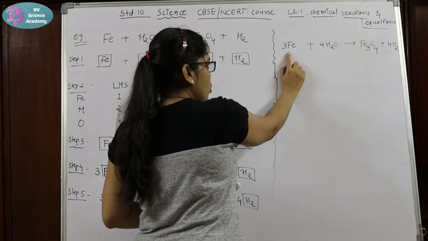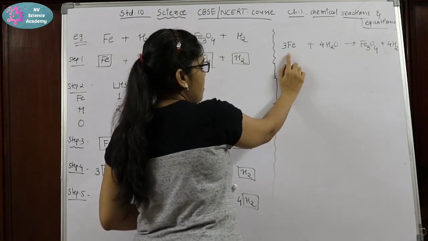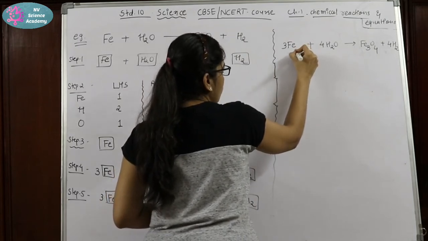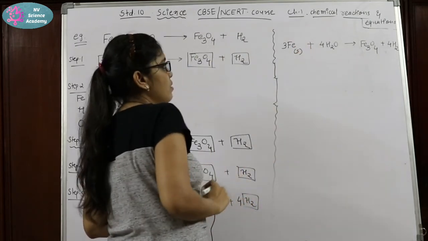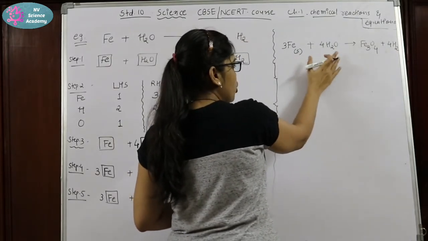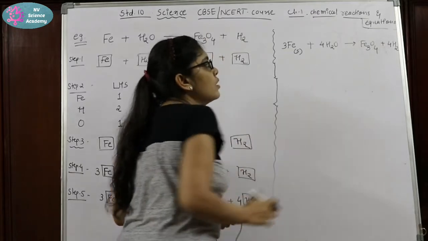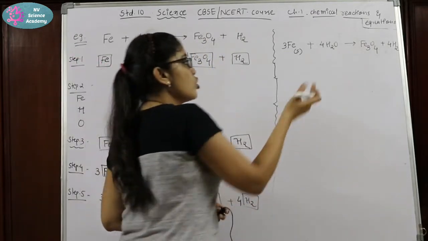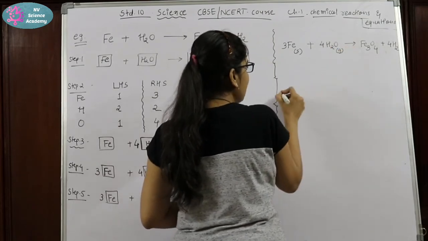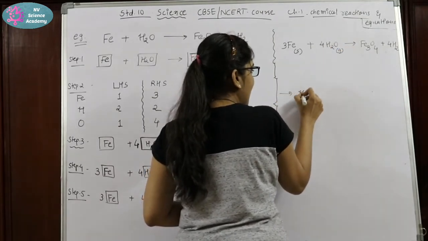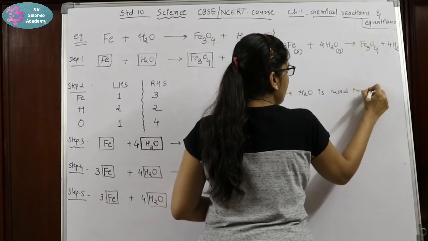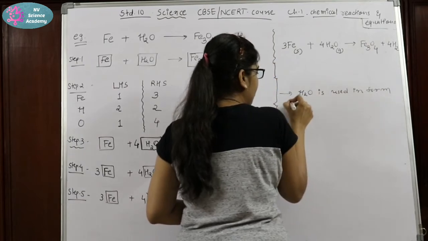For Fe, as you know, this is a metal, so a metal is always in the state of solid, so we will write s. H2O, in this reaction H2O is used in the form of steam, so we have to write g, as H2O is used as steam. Here we note that H2O is used in the form of steam.